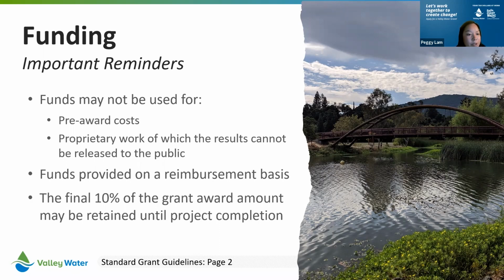So after you're awarded the funds and the agreement is executed, we will pay out the grant activities after an invoice is submitted, reviewed, and approved. And lastly, it is possible that the final 10% of your grant award amount may be retained until project completion, and that this is just to ensure that the entire project that was funded is completed. Next slide.